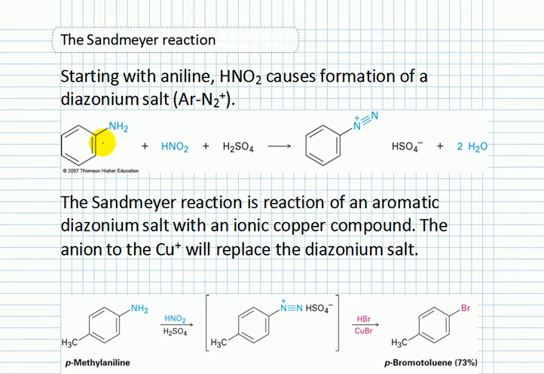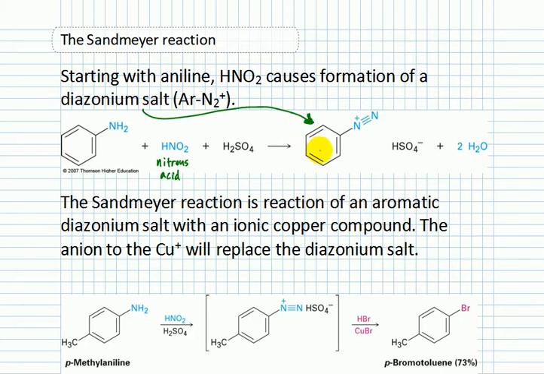If I react that with nitrous acid, which is HNO2, it's not nitric acid, the strong acid, which is HNO3. This is nitrous acid. What we get is a diazonium salt.